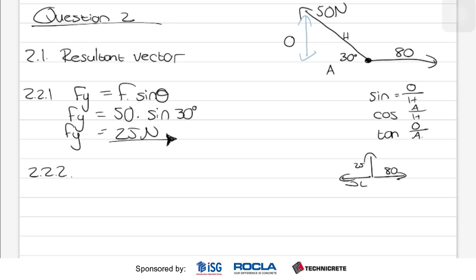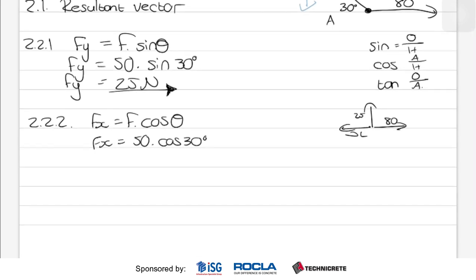So here we would have to calculate our Fx, which would be equal to our force times cos of our angle. So Fx would be equal to 50 newtons times cos of 30, which would give us 43,3 newtons.